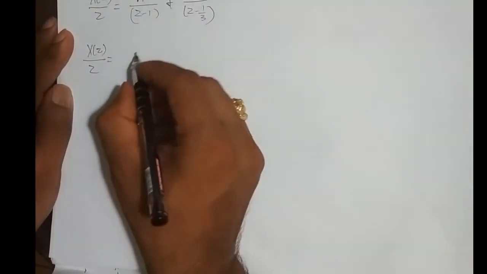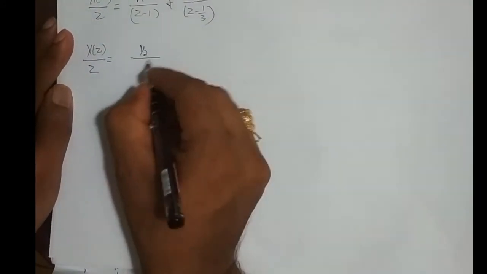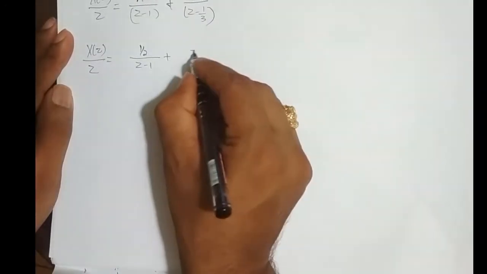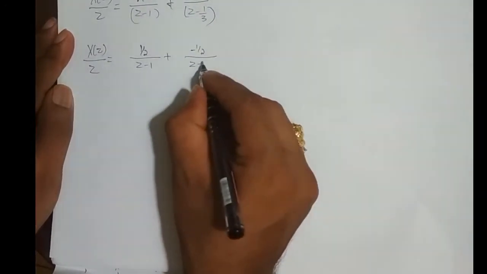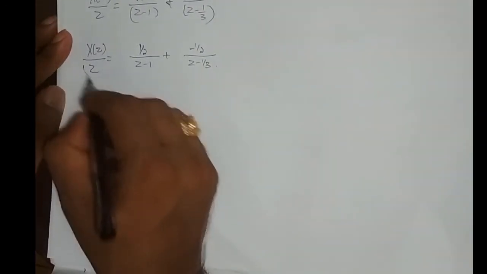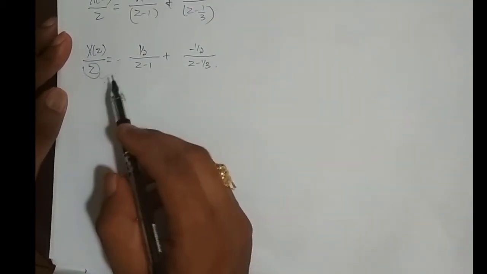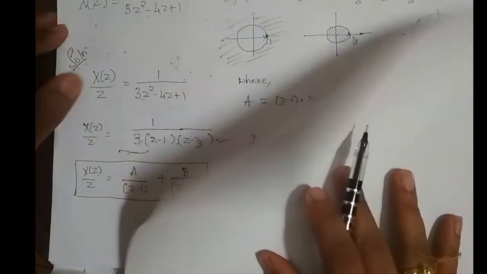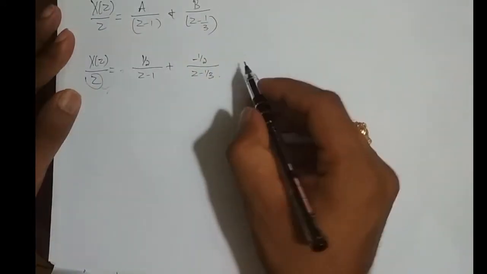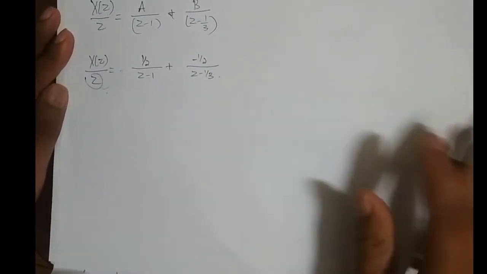X(z) by z is a, which is 1 by 2, divided by (z minus 1), plus b, which is minus 1 by 2, divided by (z minus 1 by 3). Now I'll take this z to the other side. That is the reason I told you initially that you have to bring it in the form of X(z) by z, so that I can use the standard form of z divided by (z minus a).